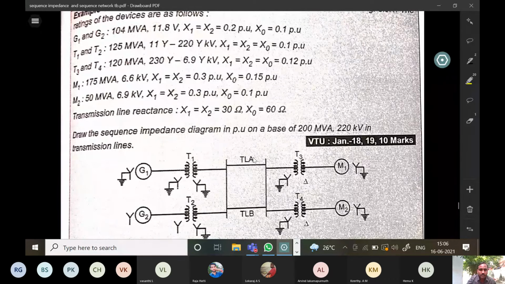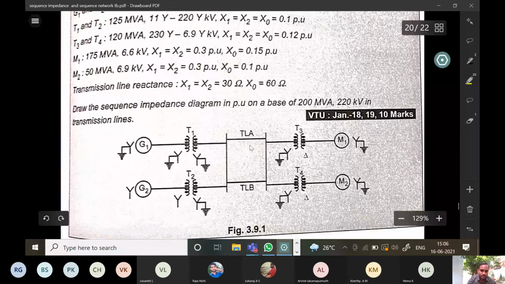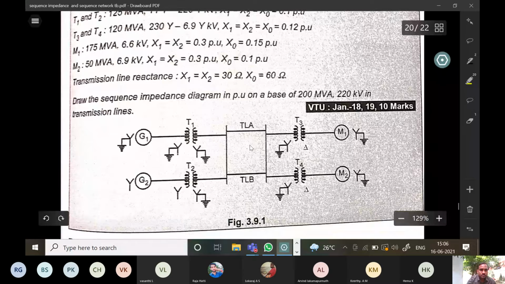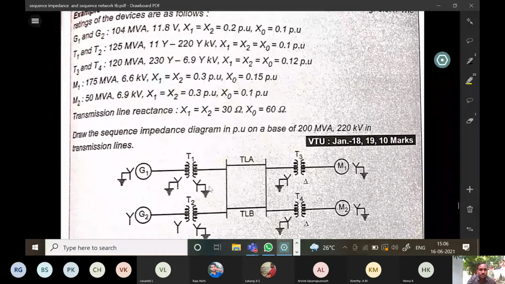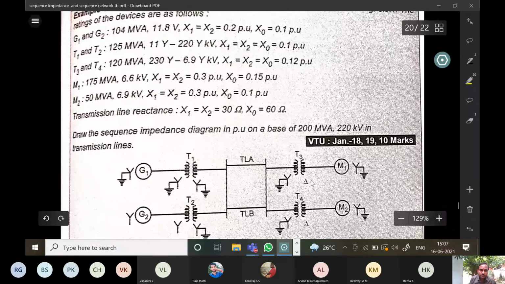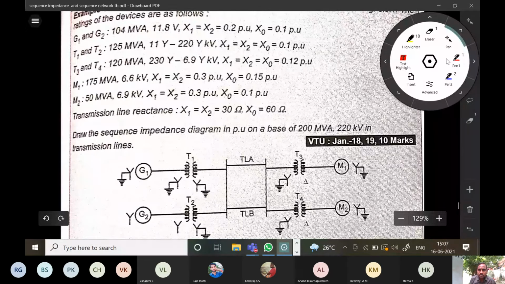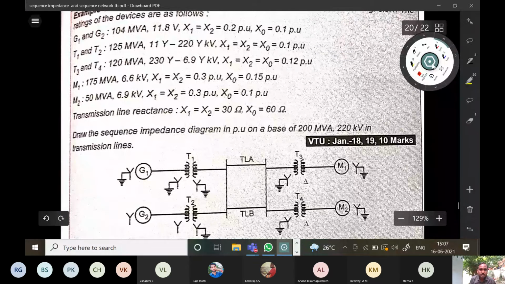So note down the diagram also. Star grounded, T1, T2, T3, T4. In the diagram the primary is star and the secondary is delta. For T3, T4 the secondary is delta, 6.9 kV. This is star grounded.